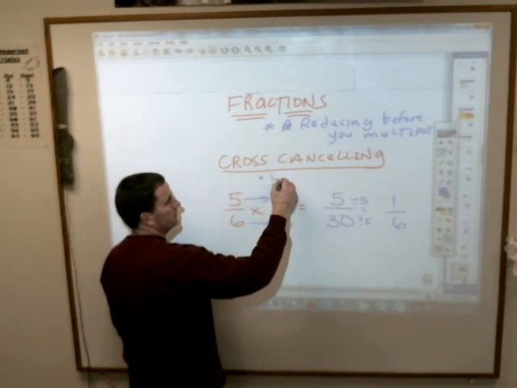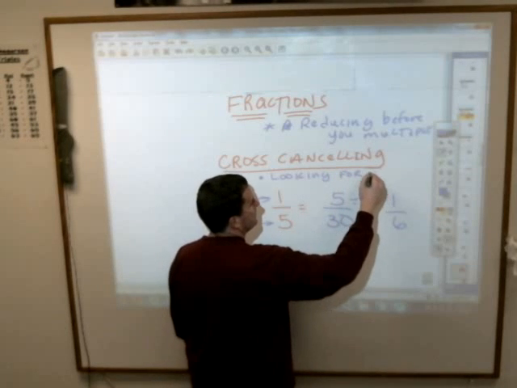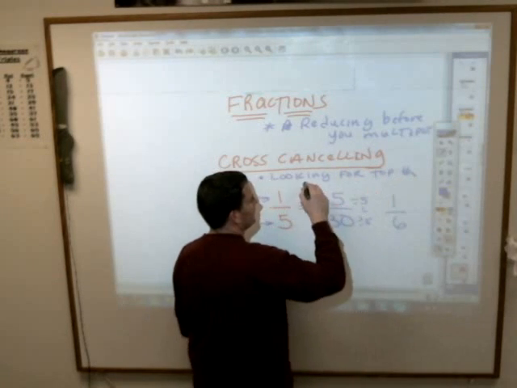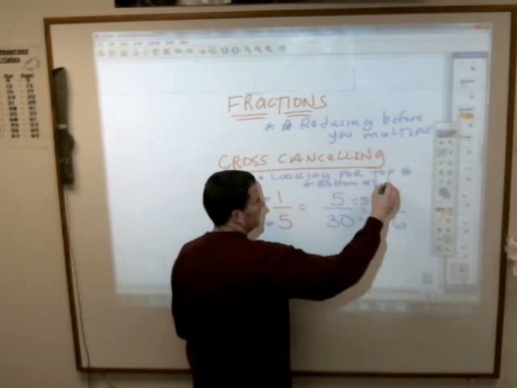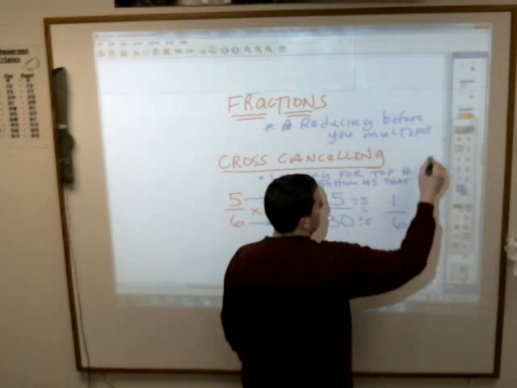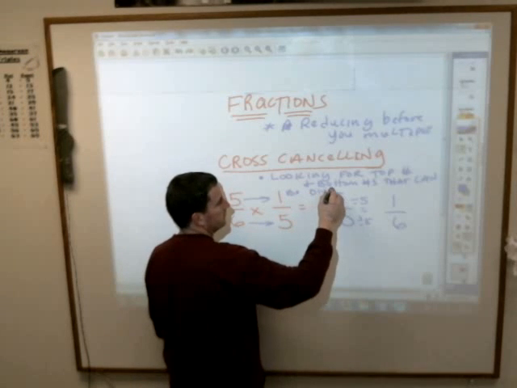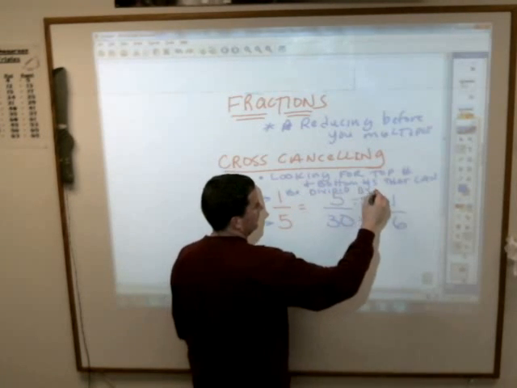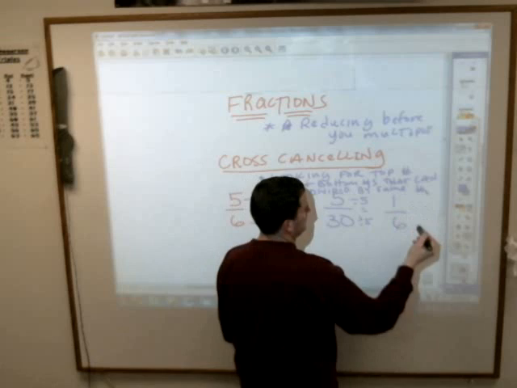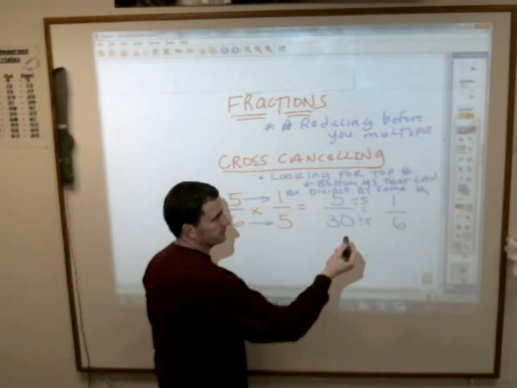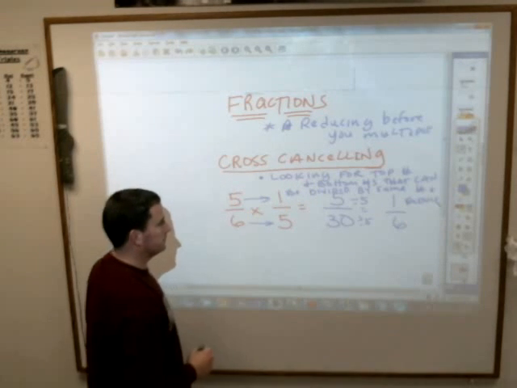You are looking for top numbers and bottom numbers that can be divided by the same number. And then you are crossing them out, or reducing, I guess would be the best way to do it. And I'll show you, a picture's worth 1,000 words here.